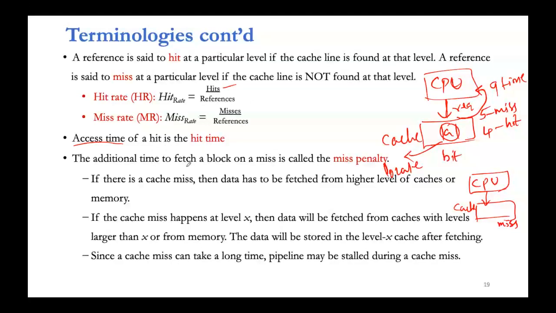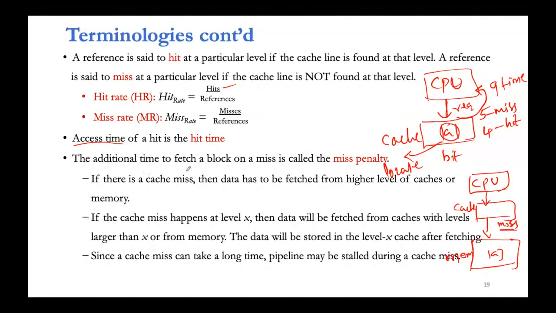Sometimes if the data is not there in the cache, then the request goes on forwarding to the memory access. From the memory it will locate this A, and we call that the miss penalty.